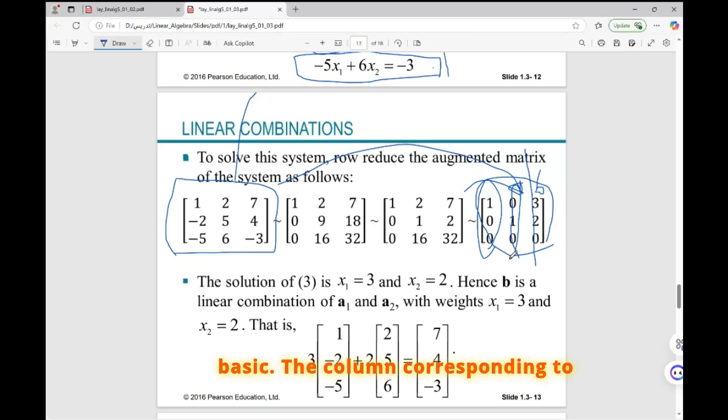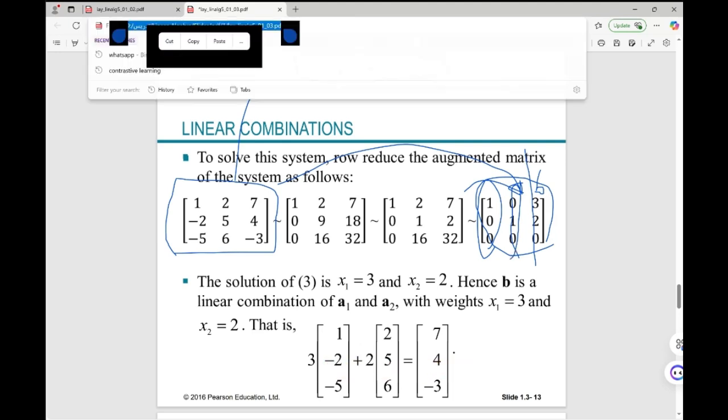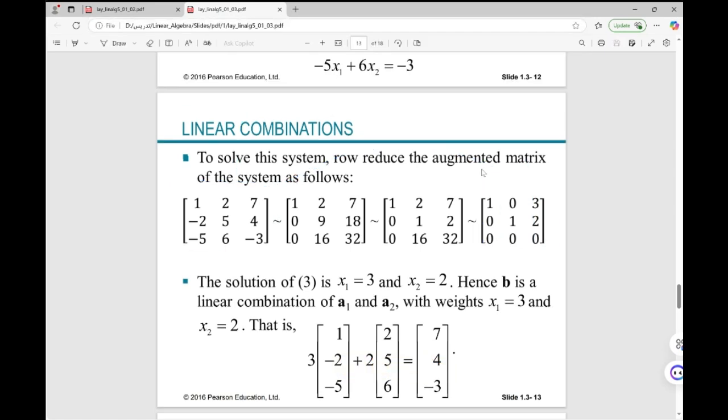The column corresponding to x2 is a pivot column, so x2 is basic.